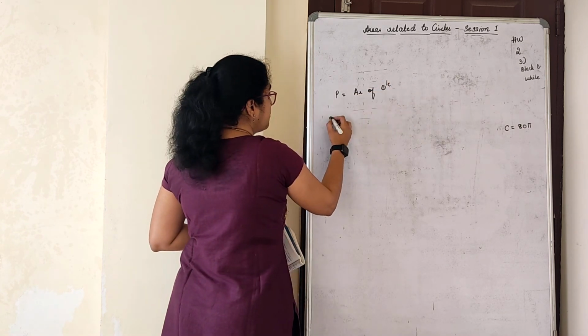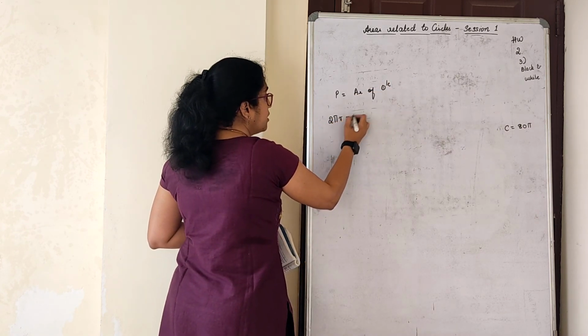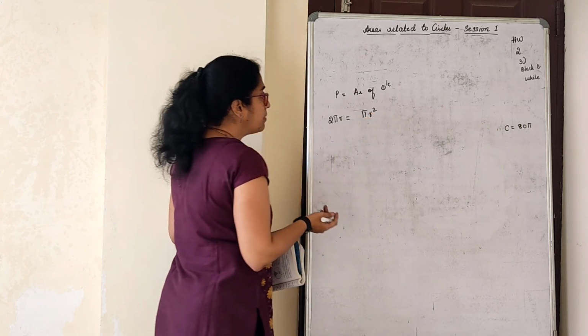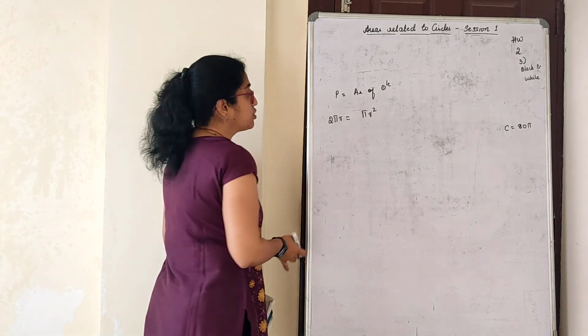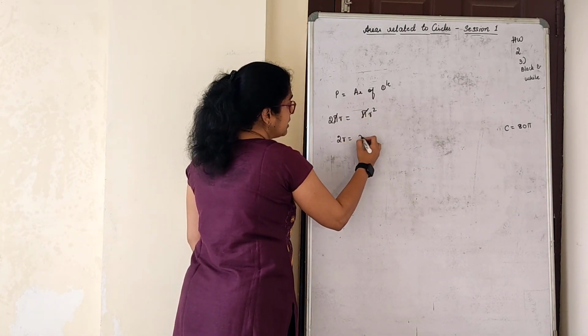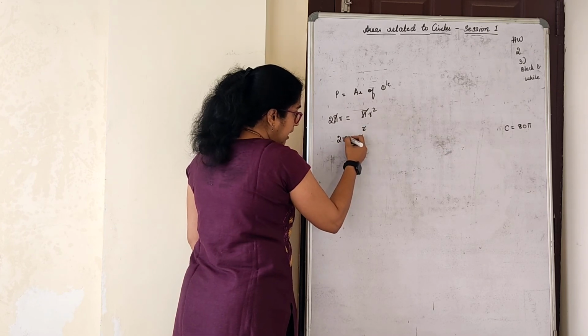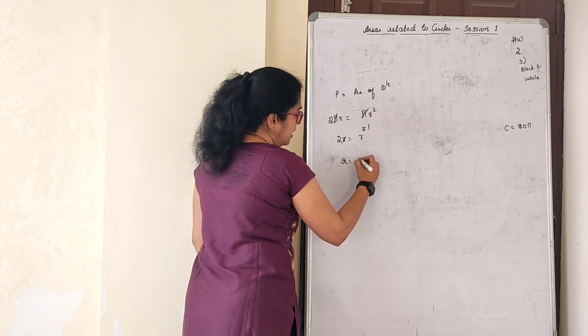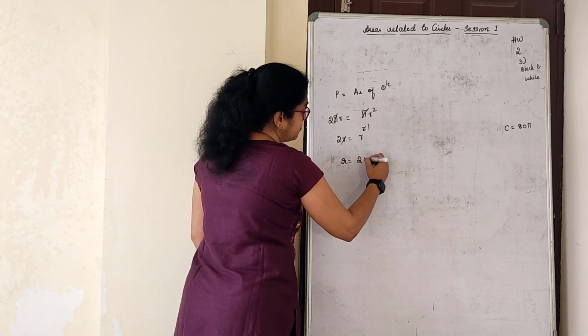What is the perimeter formula? 2 pi r. What is the area of circle formula? Pi r square. If they are numerically equal, we have to find the radius of the circle. Pi and pi will get cancelled. 2r is equal to r square, where one r and r will get cancelled. One r will remain. That's all. r is equal to 2 units.